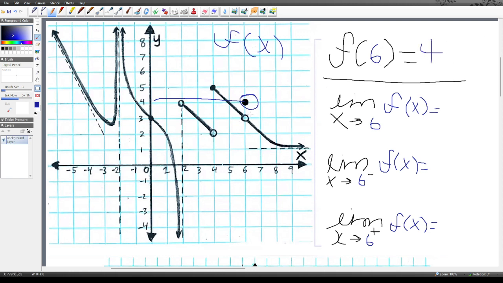But it's a jump discontinuity, I'm pretty sure. Someone please correct me in the comments below.